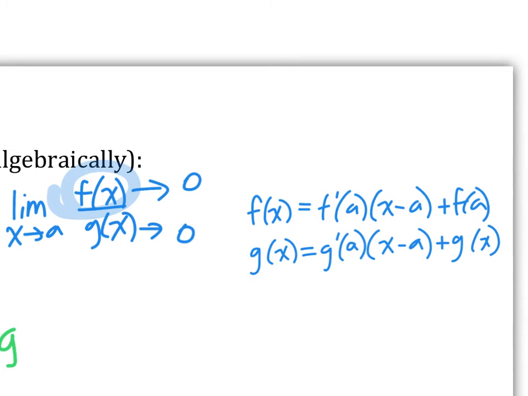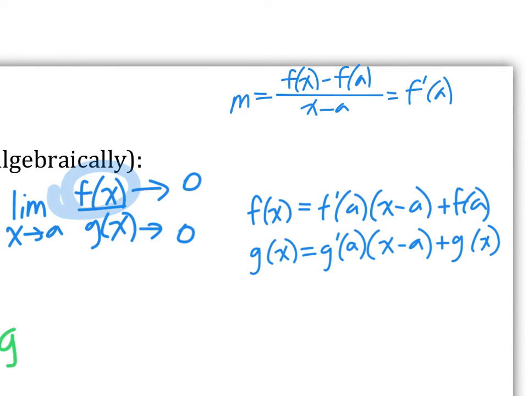Remember from yesterday, m is equal to f of x minus f of a over x minus a. That's equal to f prime of a. So if we were to solve for f of x, we would multiply both sides by x minus a.